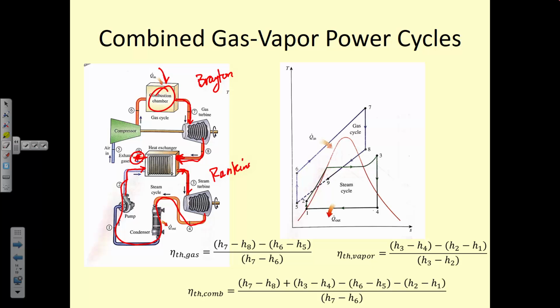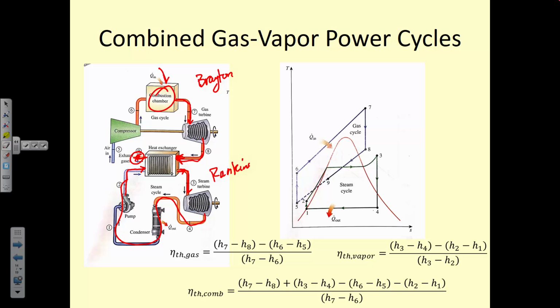This area here should be the same as this area here. Yeah, it should be, because Q in should equal Q out. What wouldn't be equivalent is from 8 to 5, because you're rejecting some heat still. Right. But it should be the same value, because the Q should match whatever you absorb. Q out of the gas is equal to Q into the water. Yeah, it should be the same.